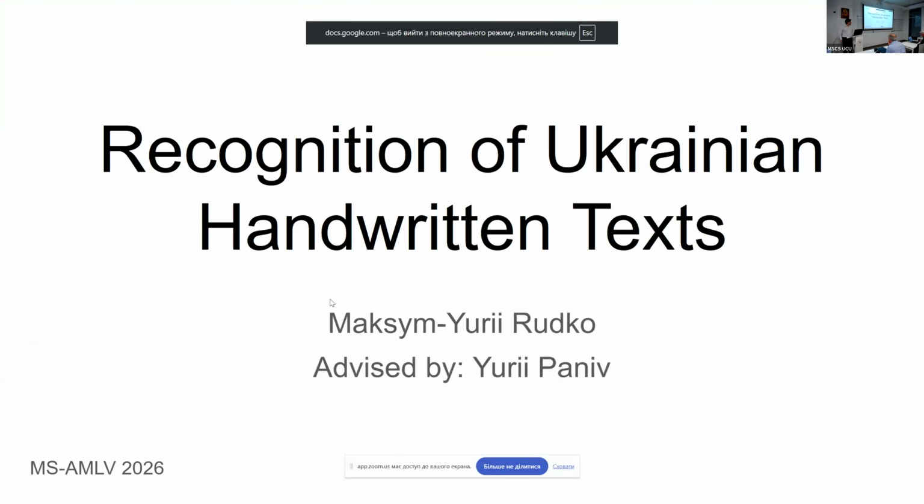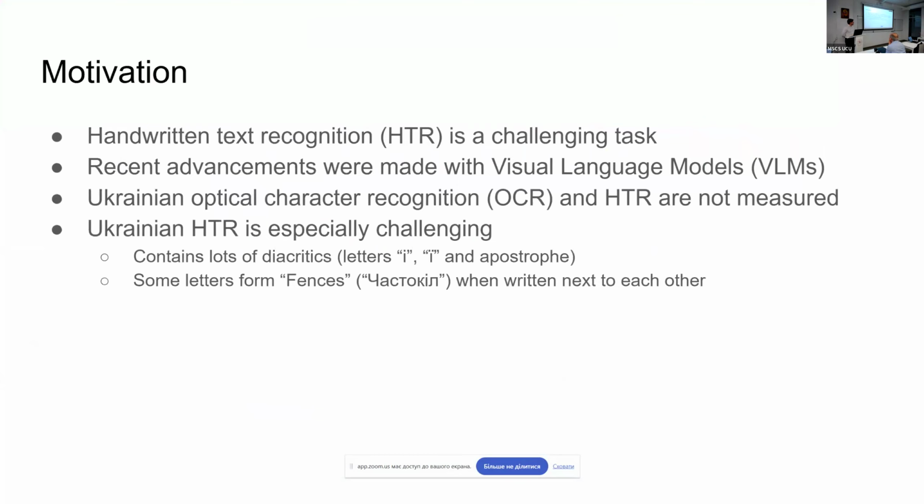So yeah, the theme of my presentation is recognition of Ukrainian handwritten text. I am advised by Yuri Paniv, who is a developer of LLM, so I have an LLM-based research. Motivation. Recognizing written text is a very challenging task. It combines multiple different smaller tasks, like small object detection, because the characters can be arbitrarily small or large.